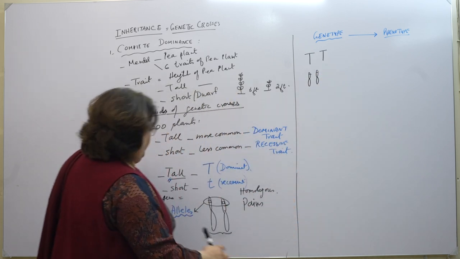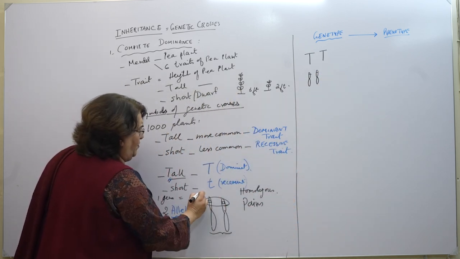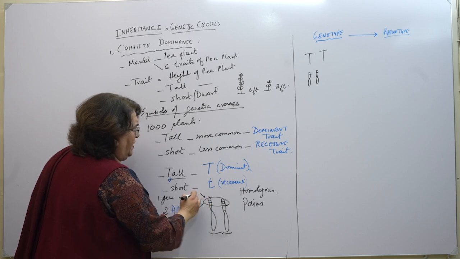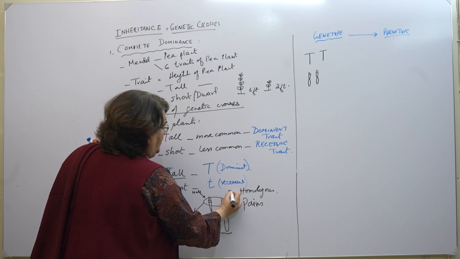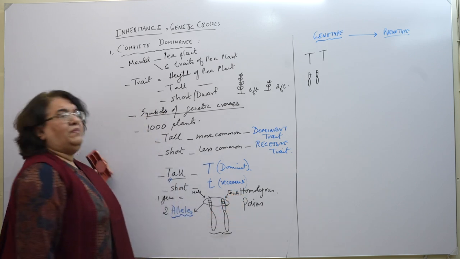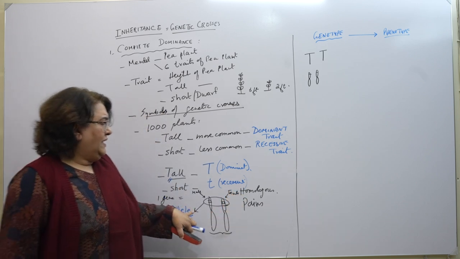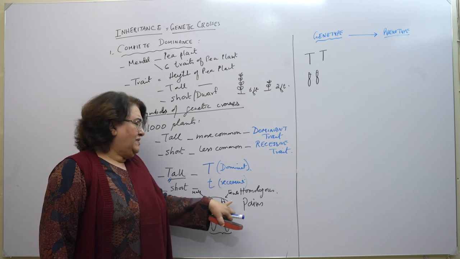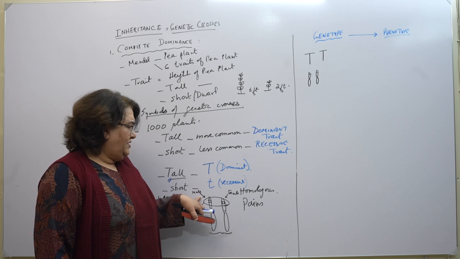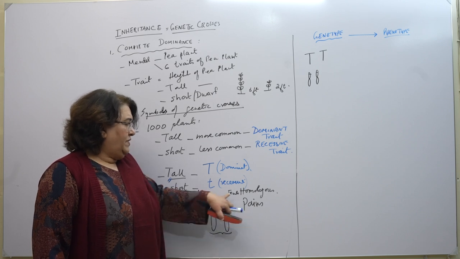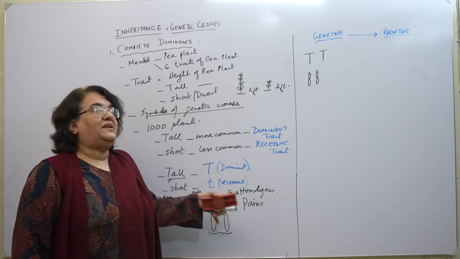These two homologous chromosomes, one is coming from the male gamete, and the other one is coming from the female gamete. In other words, you can say this is the male chromosome and this is the female chromosome. Another way we like to say it, this is the mom chromosome and the dad chromosome, or mom genes and dad genes, whatever.